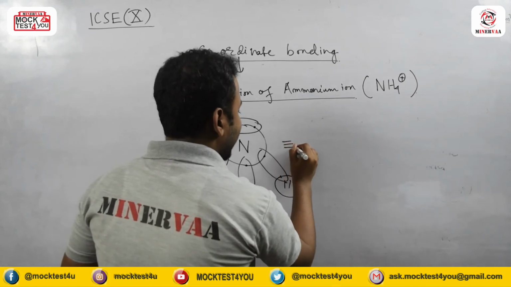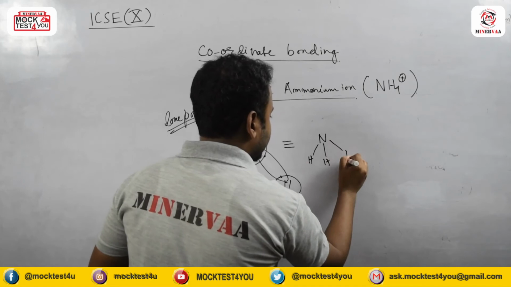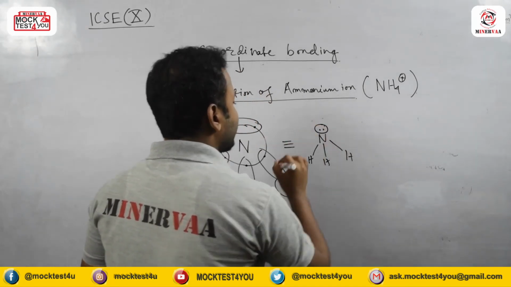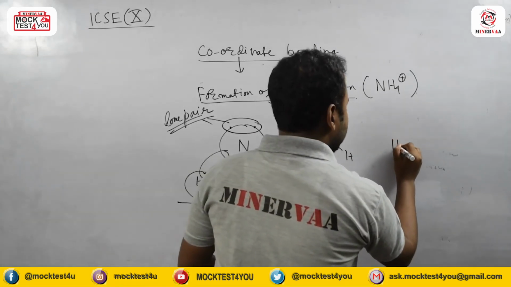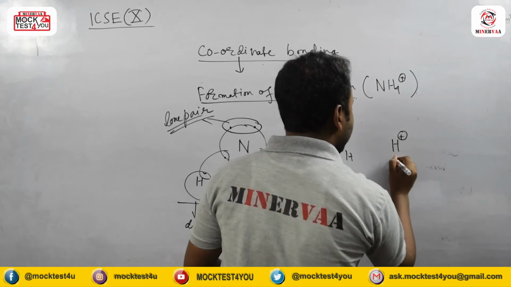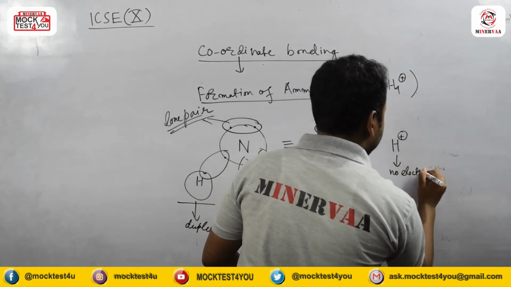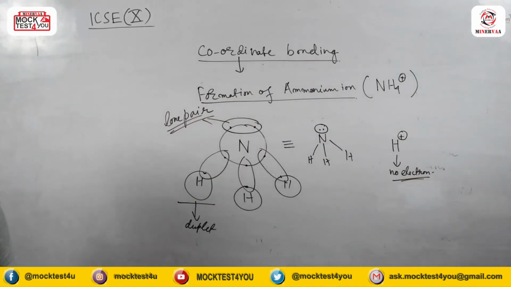So we can simplify the structure like this. It has only one lone pair of electrons. I already discussed that H plus has no electron. It is completely deficient of electrons, right?